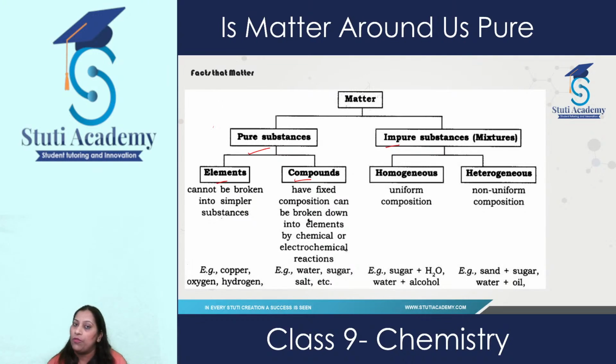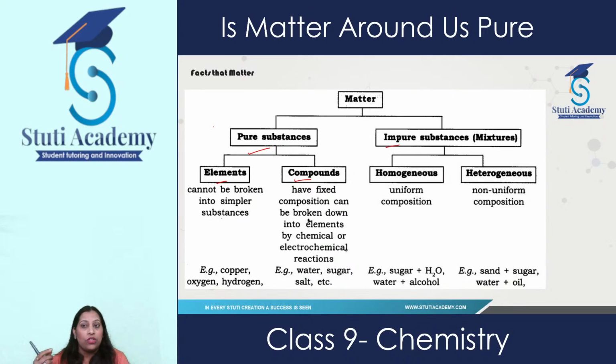First, I'll talk about pure substances. For example, distilled water, copper metal. They are made up of only one type of material. If we talk about copper, copper metal is made up of copper atoms only. It's an element, so that's why it falls under the category of elements and pure substances.